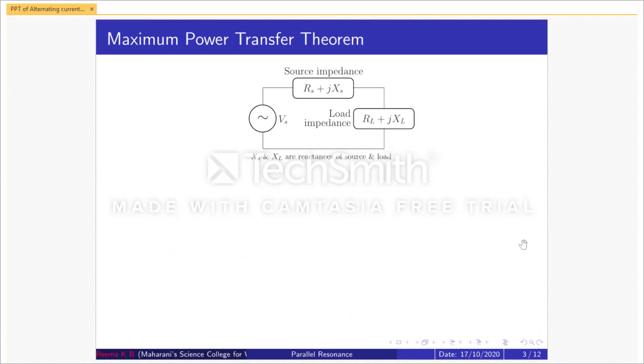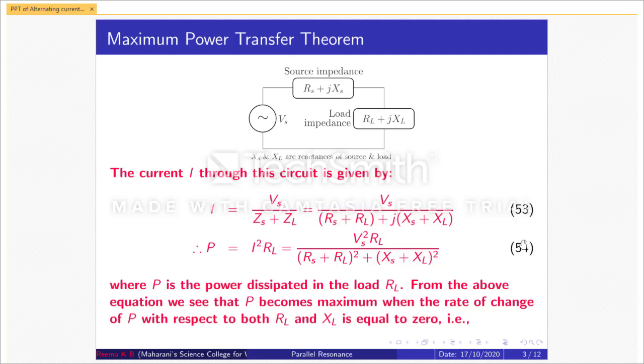Here Xs and XL are the reactances of the source and load respectively. The current I through this circuit is given by I = Vs / (Zs + ZL), which is equal to Vs / (Rs + RL + j(Xs + XL)).